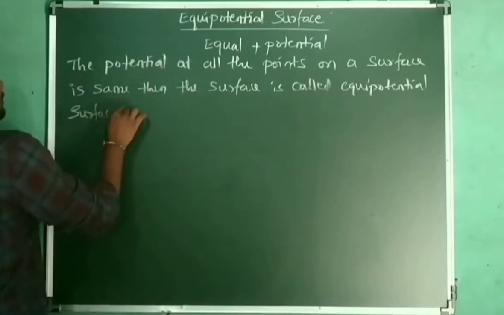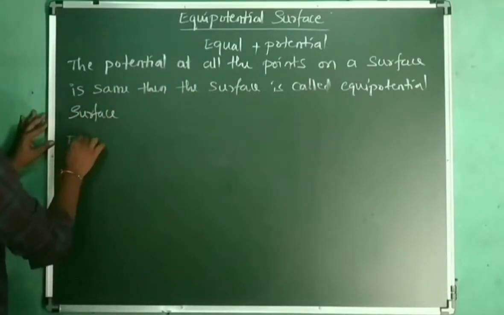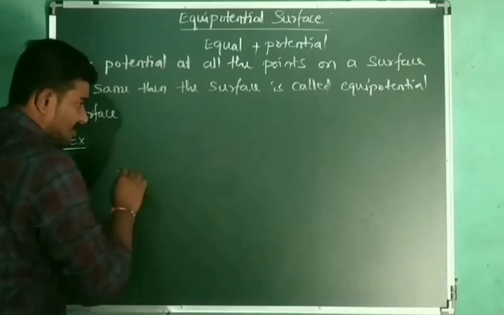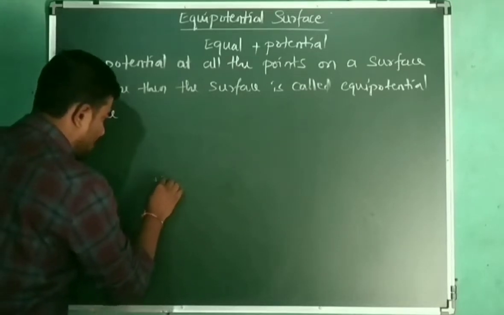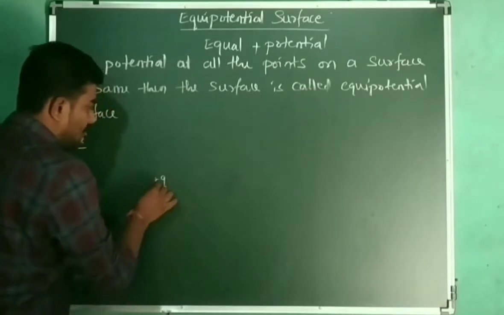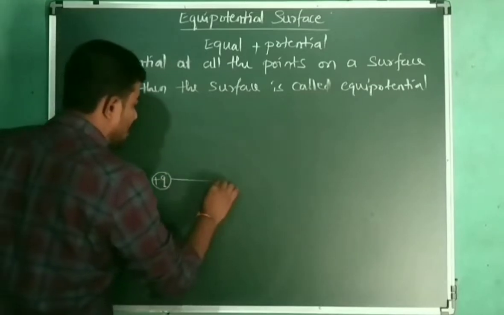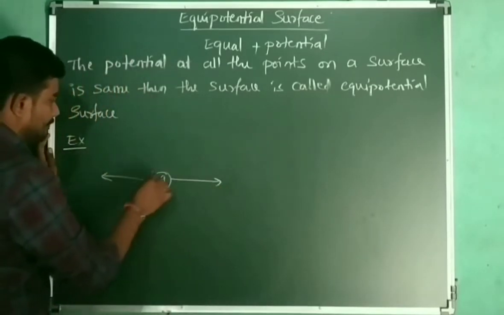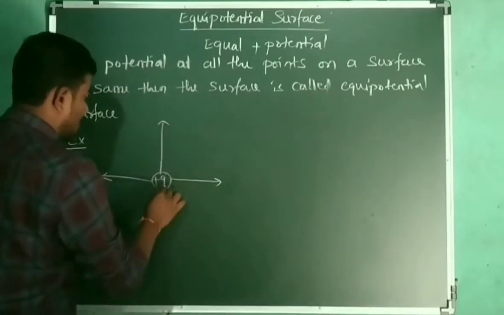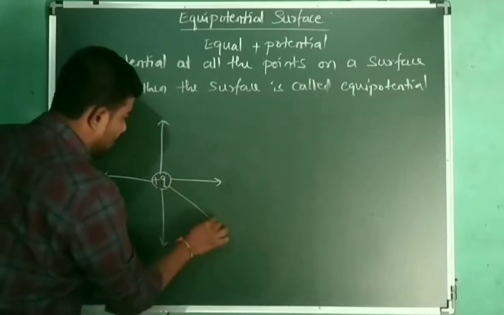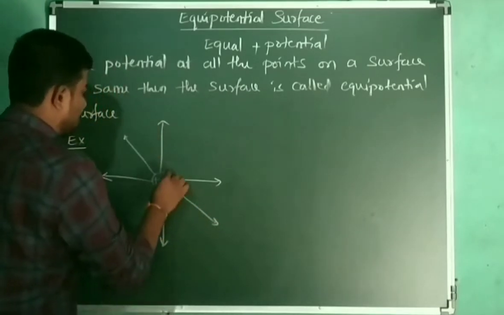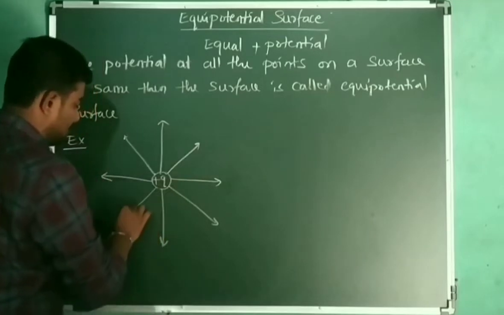See, for example, if I consider a test charge, a very small charge, plus q, the direction will be radially outward like this. The field line will always be radially outward for an isolated point charge.